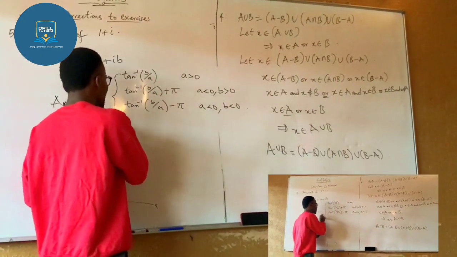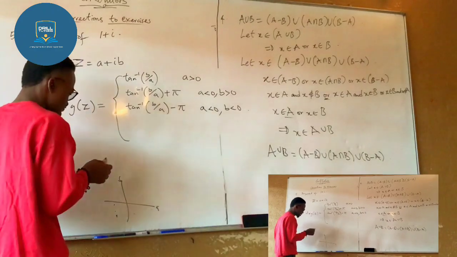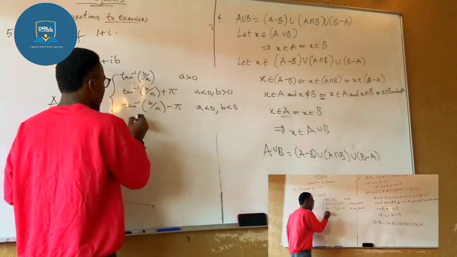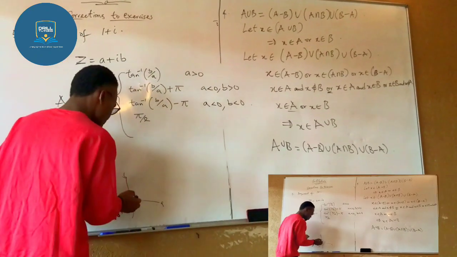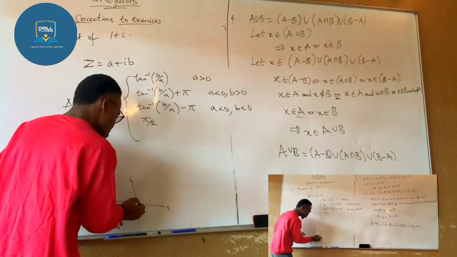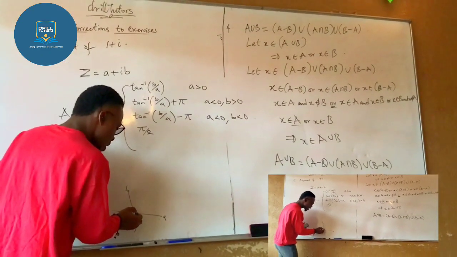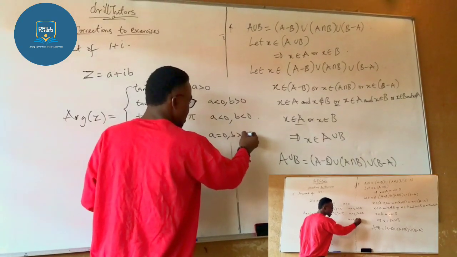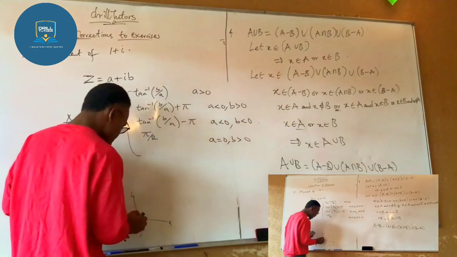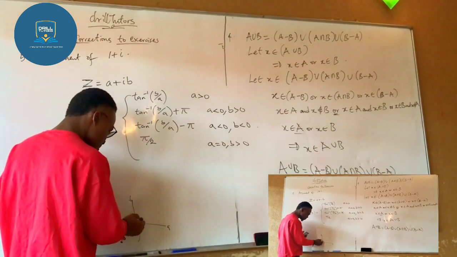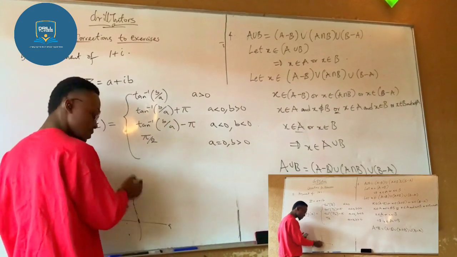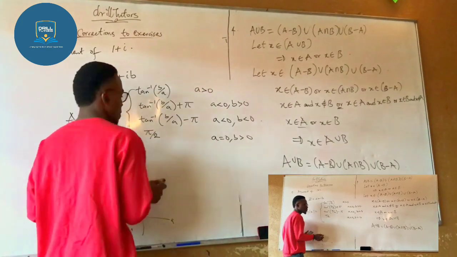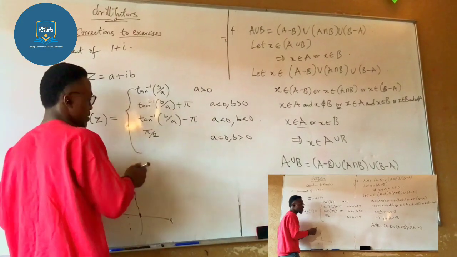Now, the argument of Z will be equal to pi over 2 at the point where A is equal to 0 and B is greater than 0. So when A is equal to 0 and B is greater than 0, B takes any value on this line, and the argument is pi over 2, which is 90 degrees.